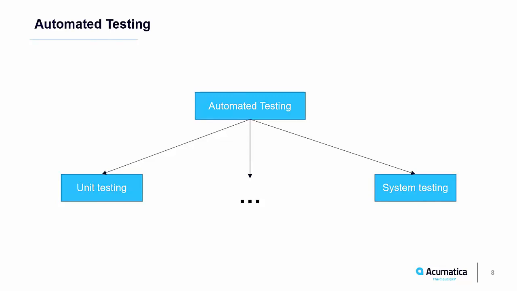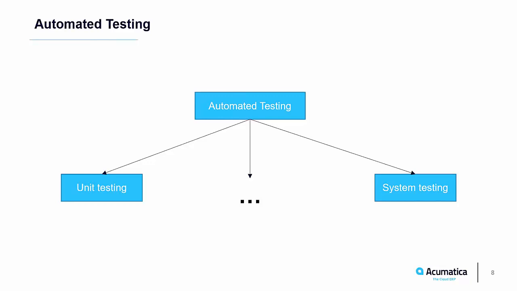On the other side of the spectrum, we have system testing. System testing is testing that affects the entire system, that tests the system as a whole. The important thing here is to test real user scenarios and real user experience.